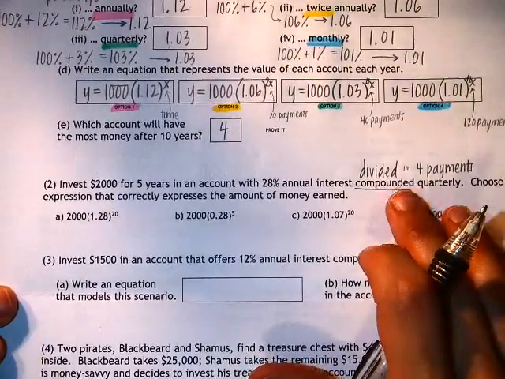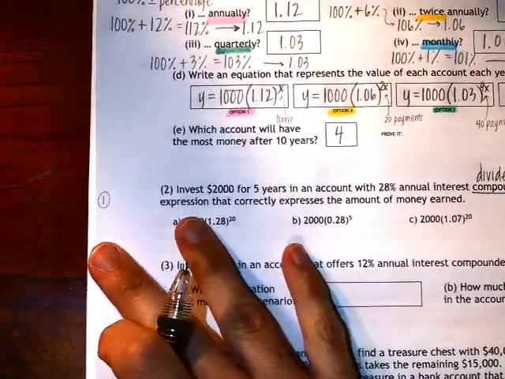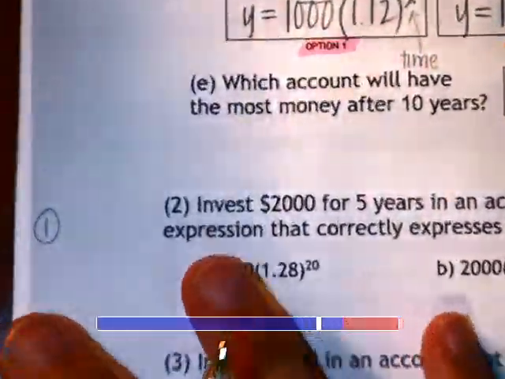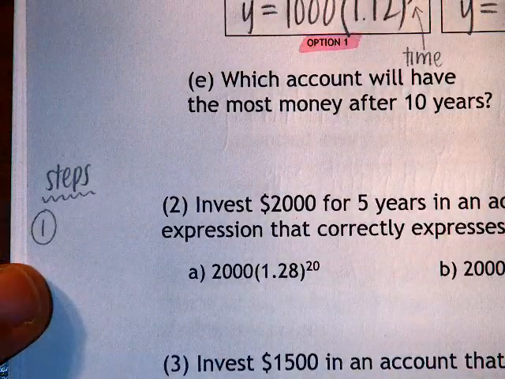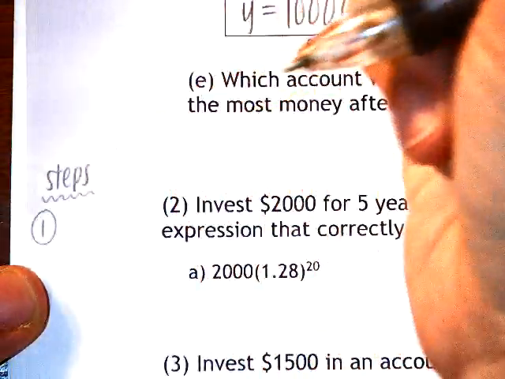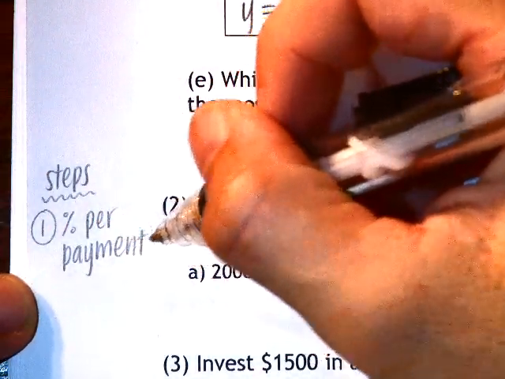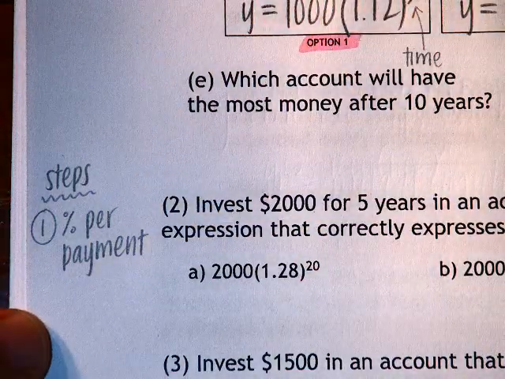In terms of the order of operations here, to use a common phrase, I'll just make this little note on the side here for steps that you can follow for these problems. The first step that you'll want to do is to always take your percentage and figure out the percentage per payment, which is to say, figure out how many payments you're going to get and what dividing it into smaller pieces is going to do to your percentage.